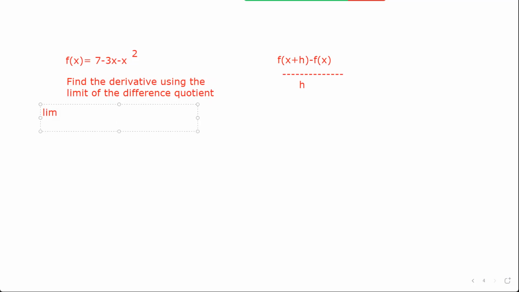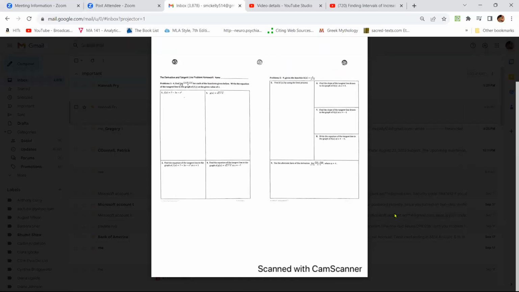Let me come back to the homework here. That's why there's only like 9 problems on this homework, because this is a lot of work.